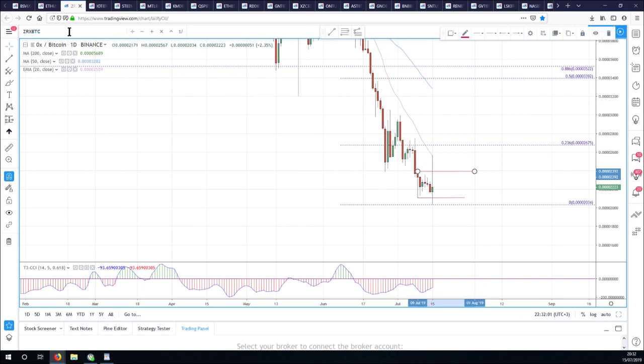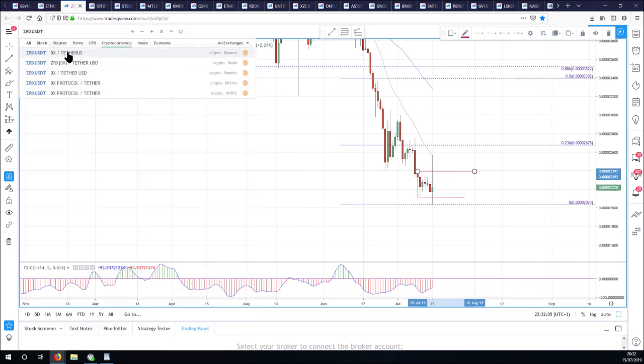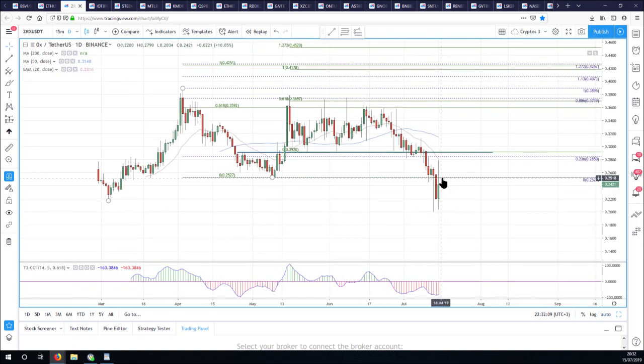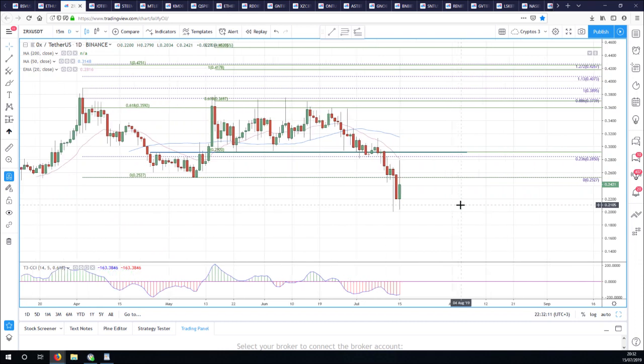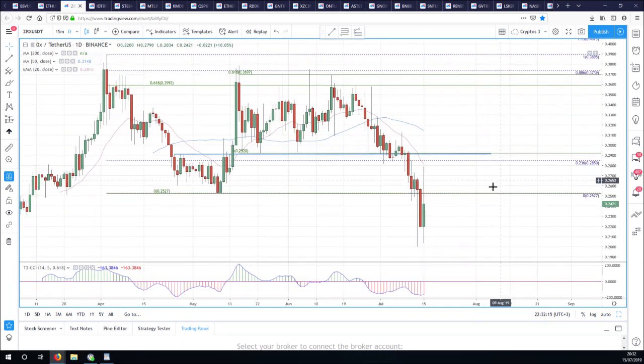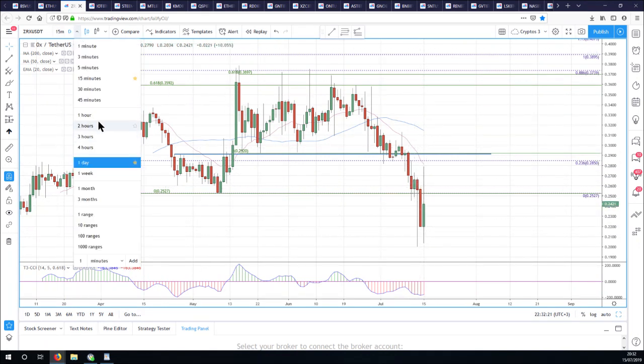Let's take a look at ZRX dollar and see if it gives us any more insight. So if you got burned in this one, look at this nasty spike. So we've got the same pattern here from a couple of days ago. Big bullish hammer. So we've tripped the longs and now we've come all the way back in this one.